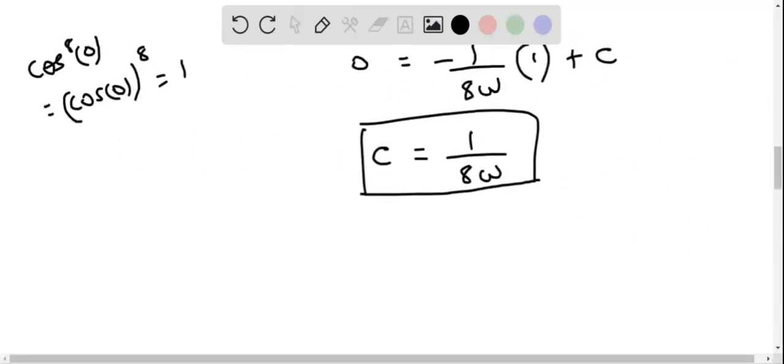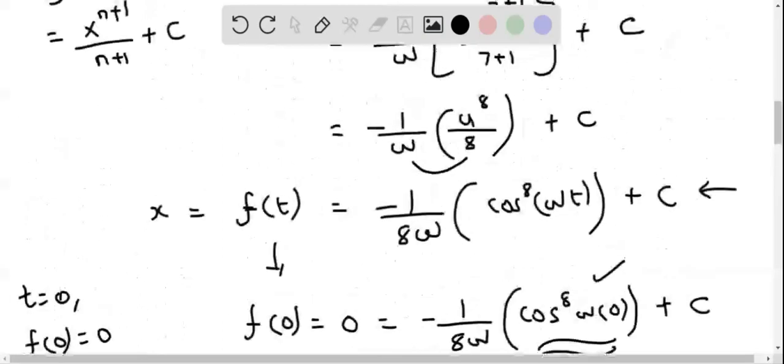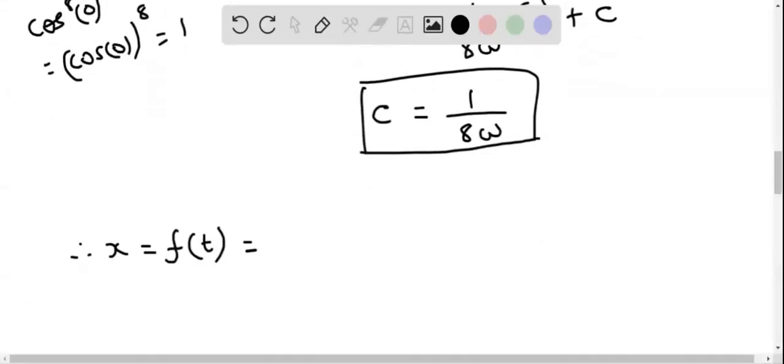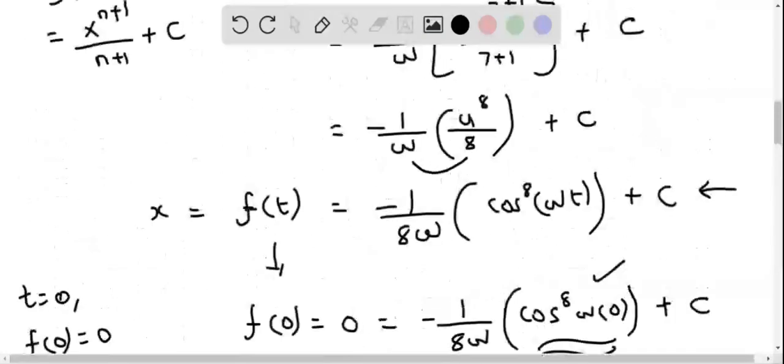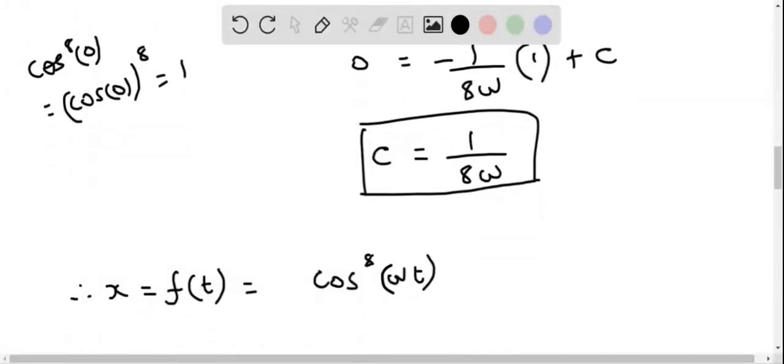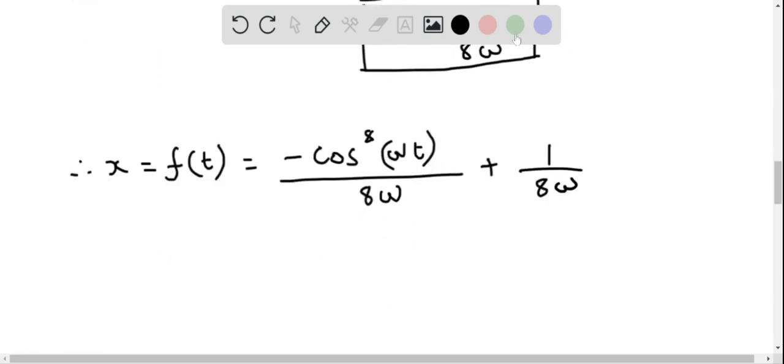So we write down the position function x in terms of t: negative of cos power 8 omega t divided by 8 omega, plus the integration constant c, that is 1 by 8 omega. So this expression gives the position function in terms of t.